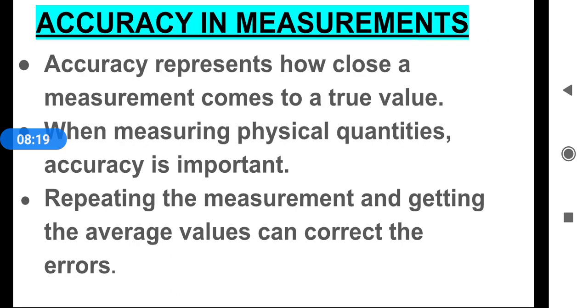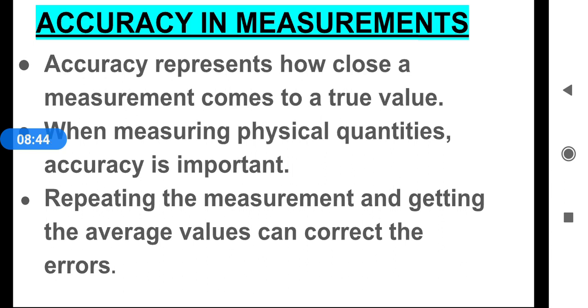Then at last, accuracy in measurements. Accuracy represents how close a measurement comes to a true value. When measuring physical quantities, accuracy is important. Accuracy in measurement is central in engineering, physics, and all branches of science.